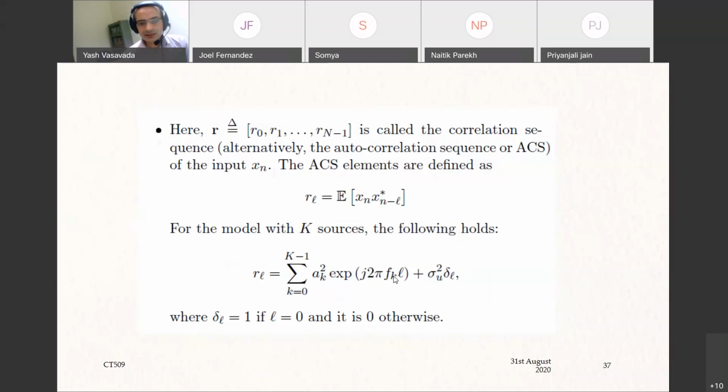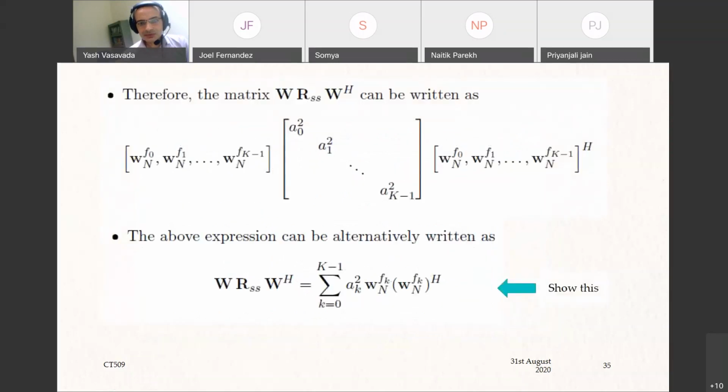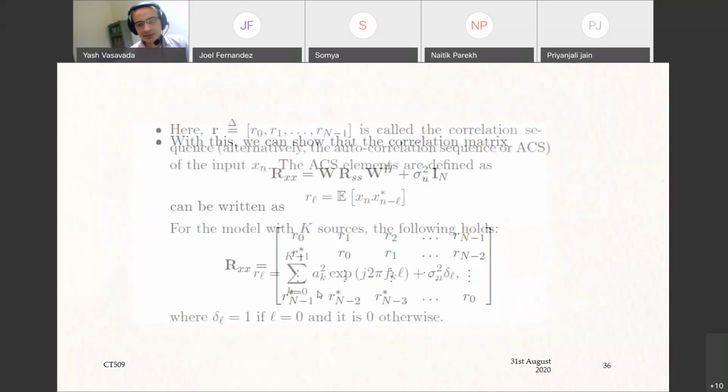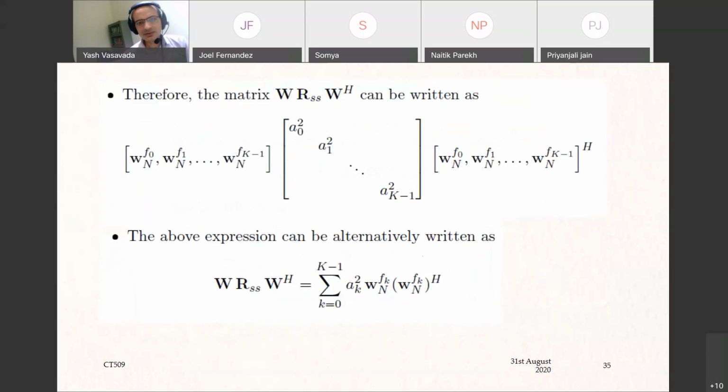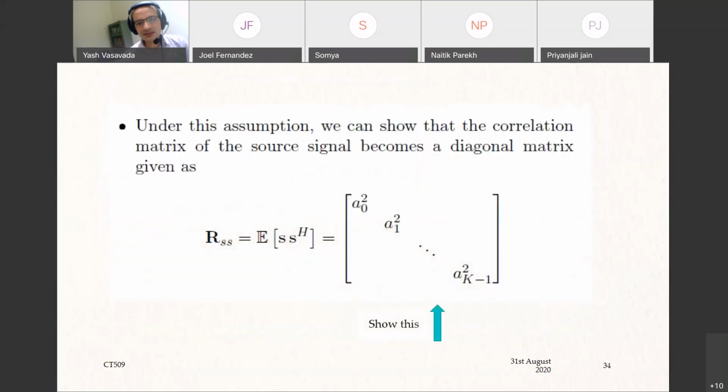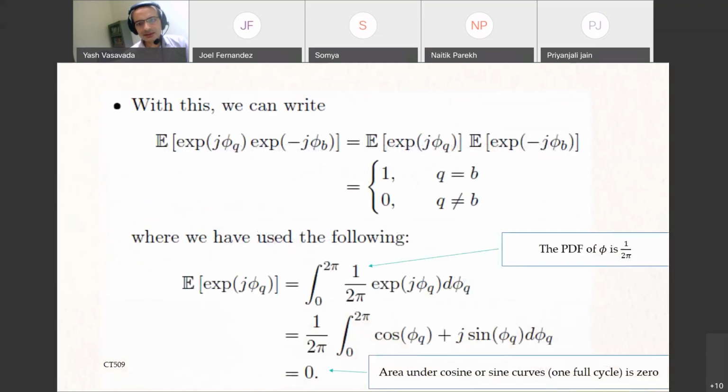Well, the way to show this is to look at this equation here. By the way, this part here, sigma_u squared delta L, is not difficult to add on, because somewhere we should have said that, well, we didn't.